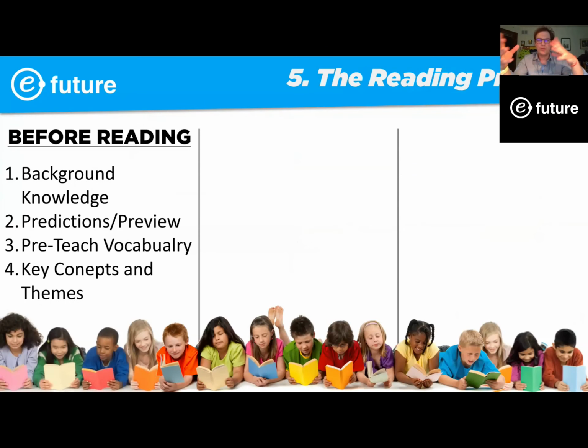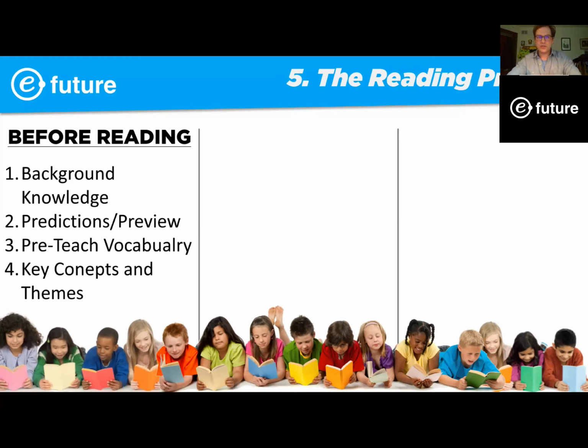So what does this reading process look like? There are 3 stages. The first stage is before reading. This is getting the kids ready for the book, for the story. You want to build in their background knowledge. How do they connect to the book? What do they know about the book?